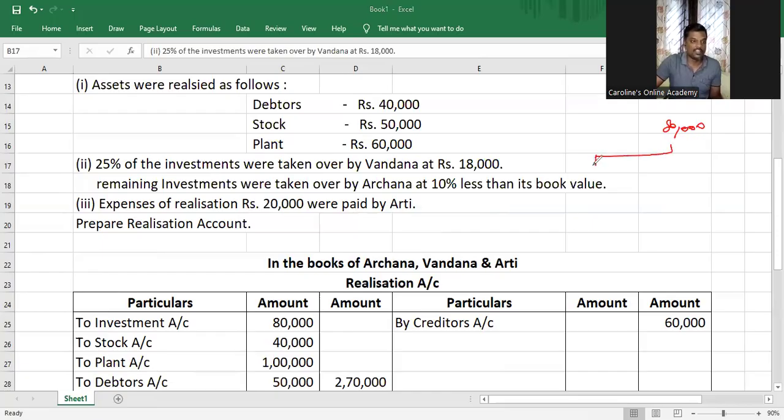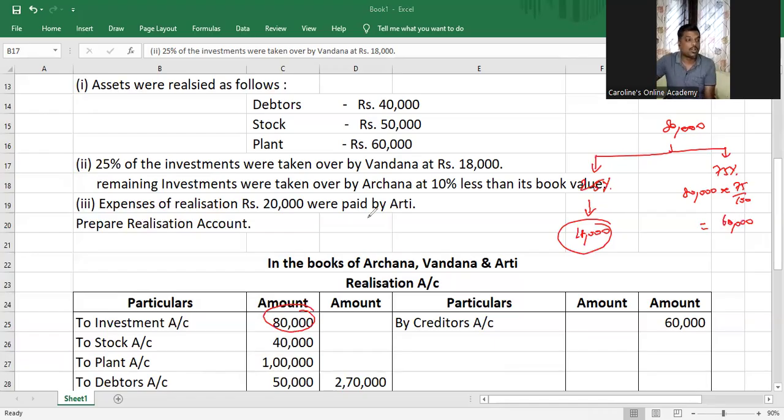The total investment according to the book balance sheet was 80,000. Out of this, 25% goes to Vandana and she's taking it for 18,000. No computation is required here because they've given the value at which Vandana took over the investments. And the remaining 75%, which is 80,000 into 75 by 100, that happens to be 60,000, was taken over by Archana at 10% less than its book value.